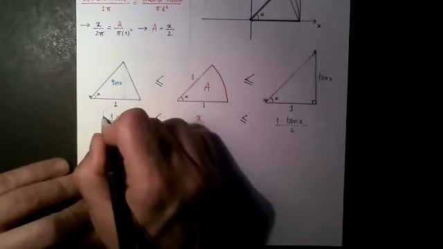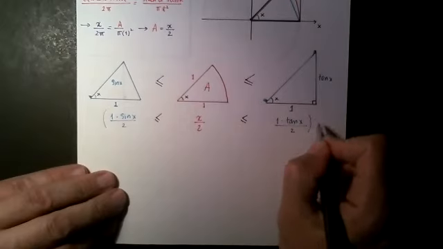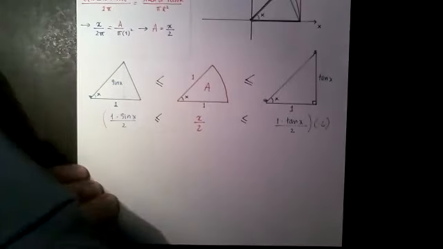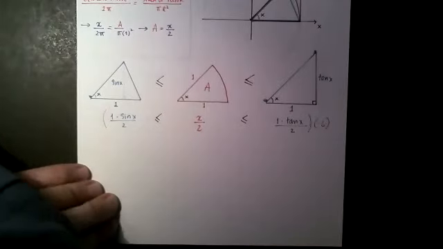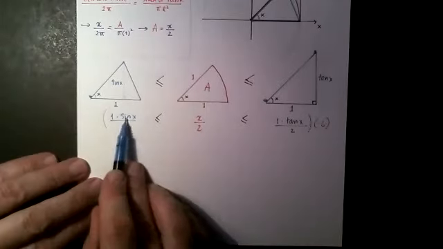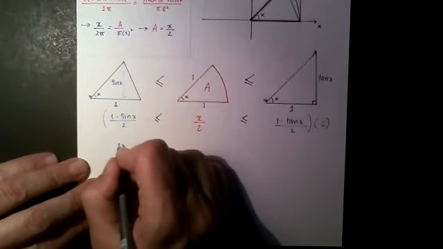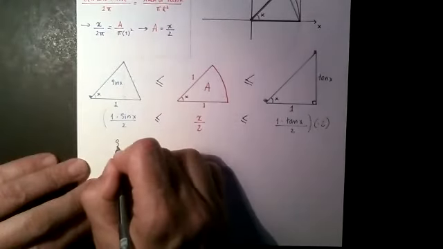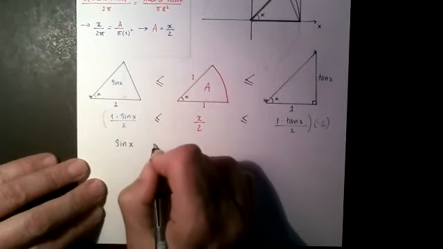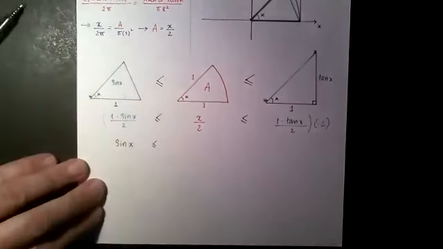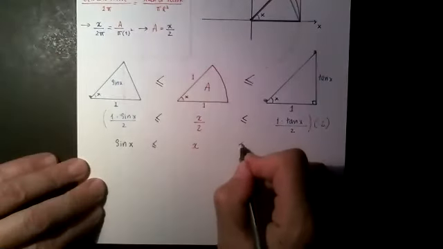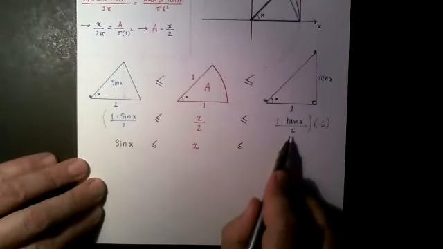I will multiply everything here by 2 so that I can get rid of the denominators. So what's left? Here I have just sine x, smaller than or equal to, here I just have x, smaller than or equal to, and here I have just tangent x, right?